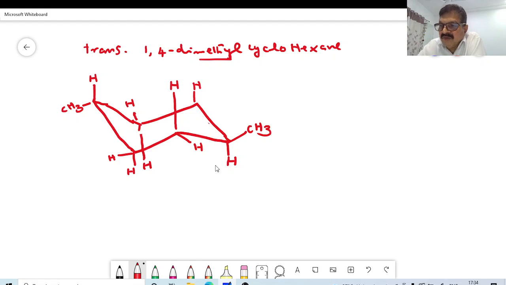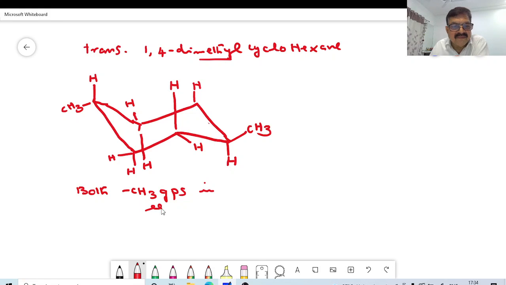Both methyl groups are in the equatorial position.